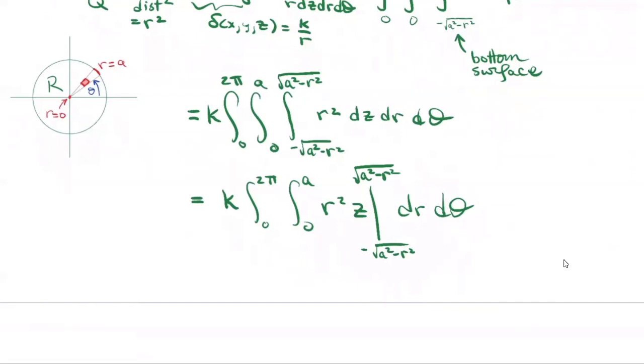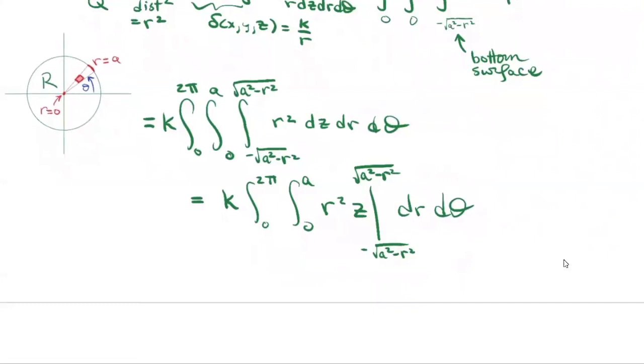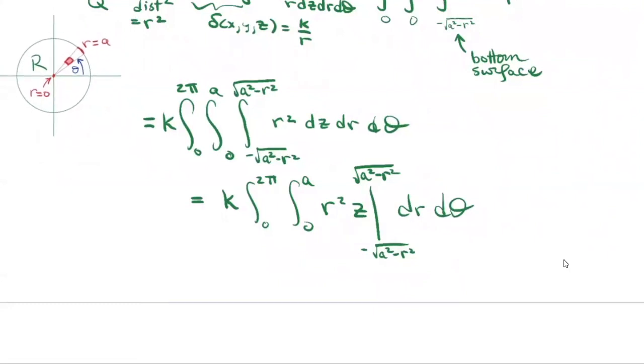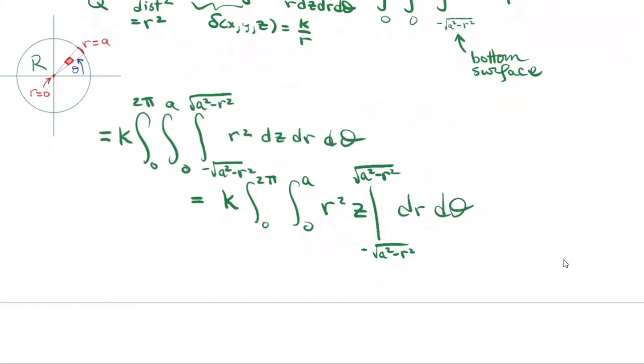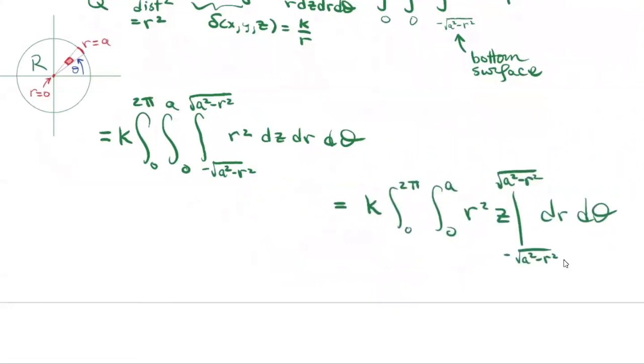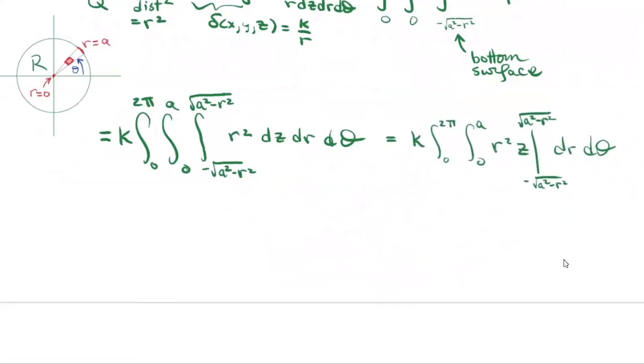Let's see if I can take advantage of some of this space here. Okay, like that. So you're going to have the same thing. You're going to have two of these.